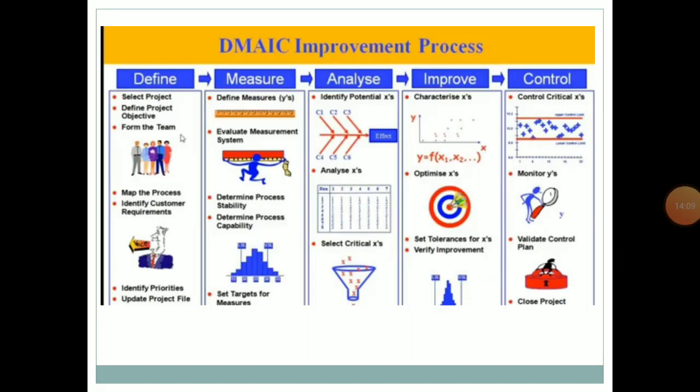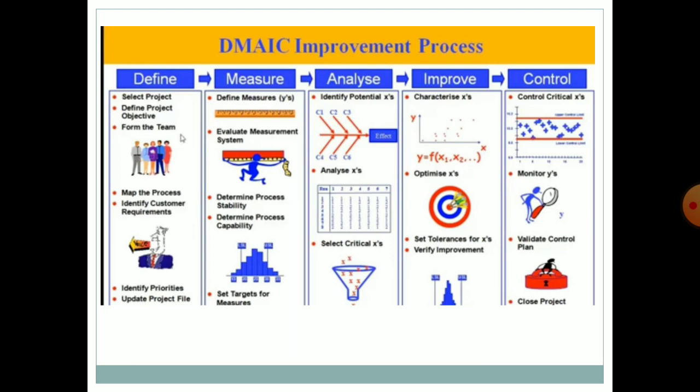Later on, measure. Here we have to set the output parameter that we have to measure. I have already mentioned the shaft tolerance: the upper limit is 30.5 mm and the lower limit is 29.5 mm. So this tolerance output parameter we have to set. This is called measure.